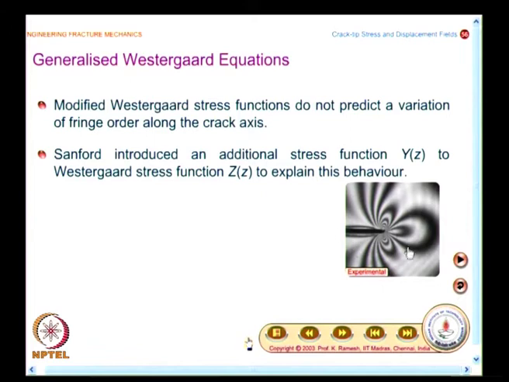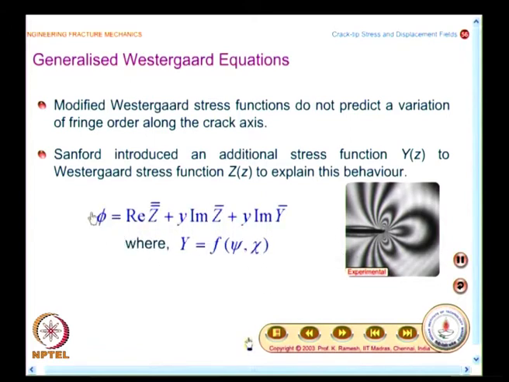And the Airy stress function is modified in this fashion. You had earlier seen phi equal to real part of z double bar plus y imaginary part of z bar. This is what we had seen for the mode 1 problem.